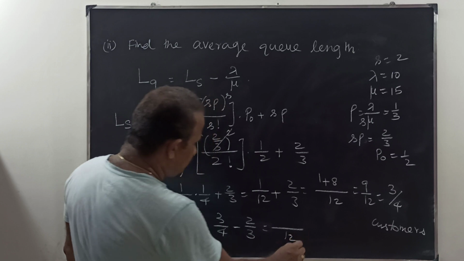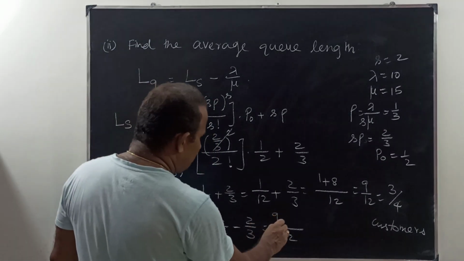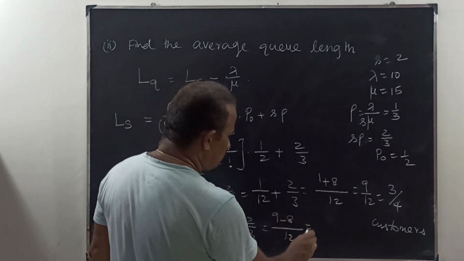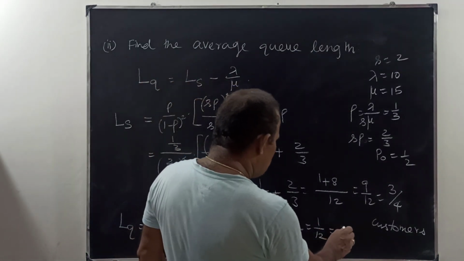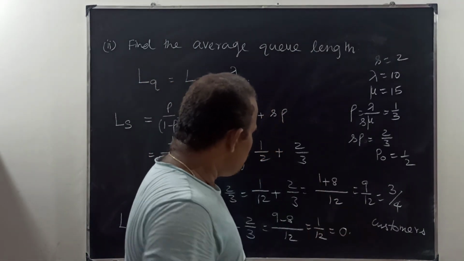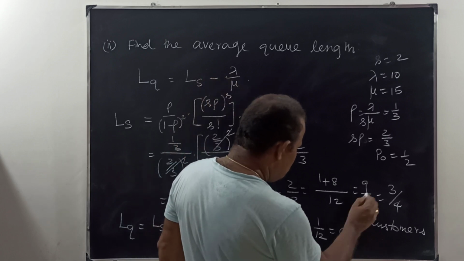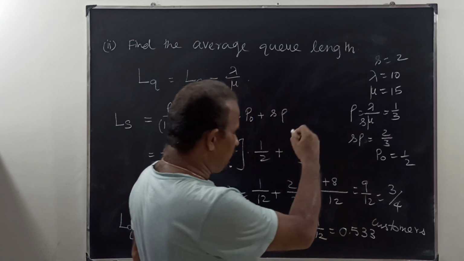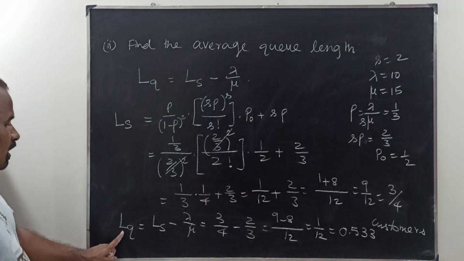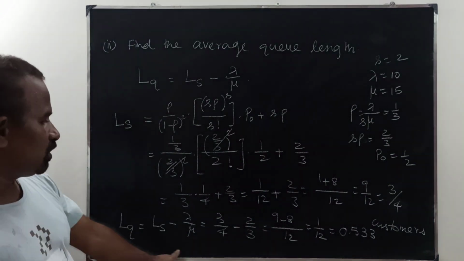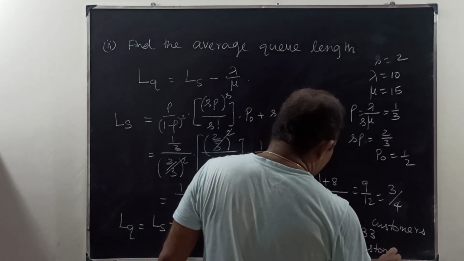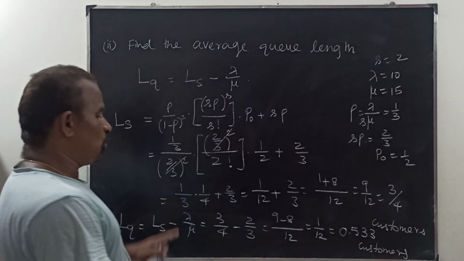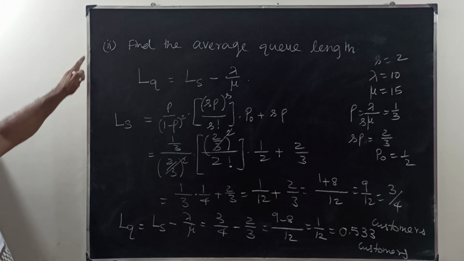Again take LCM 12, therefore 9 minus 8, so this is equal to 1 by 12, which is approximately 0.0833 customers, the length of the queue. Okay, so this is question number 2.